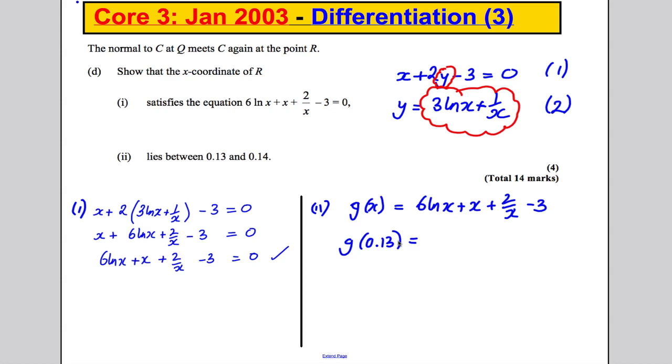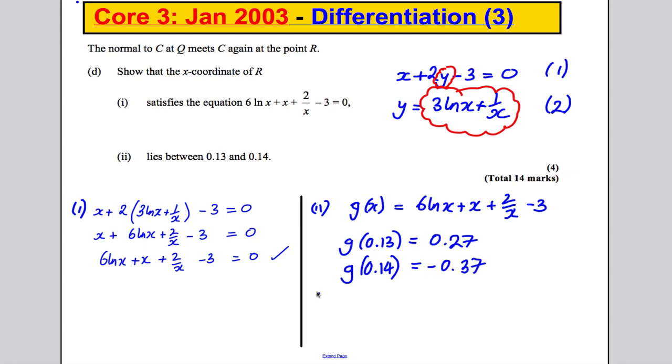I'm going to type in 6 ln of 0.13 plus 0.13 plus 2 over 0.13 subtract 3, and I get 0.27. I'm going to do the same thing for 0.14 and hopefully I get a negative answer. And I do, I get negative 0.37.